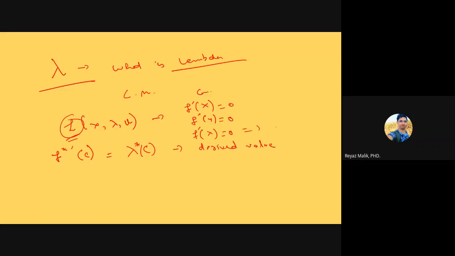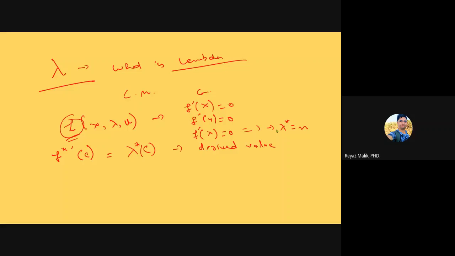The value of lambda which we get here will be equal to some number, not 0. So that time it will be treated as the derived value of some function. Usually this is how we will define lambda.